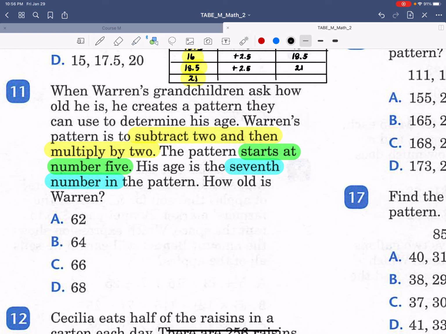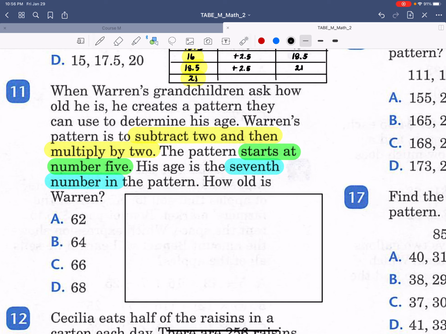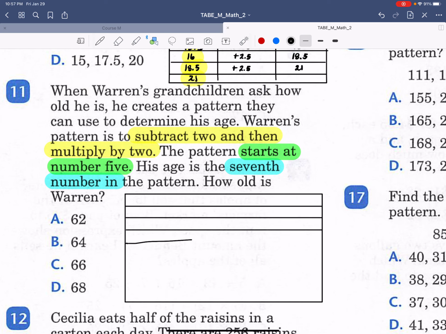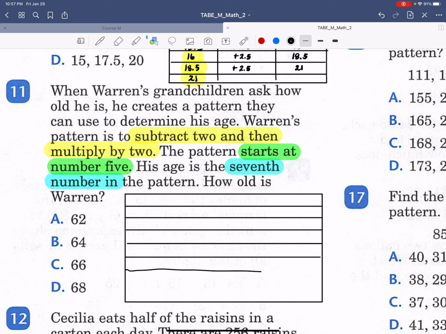So I'm going to draw a table. This is a story problem, so I'll put that extra column in there. And here's my header. And then I need 7 rows. And I think I have an extra one, but that's okay.